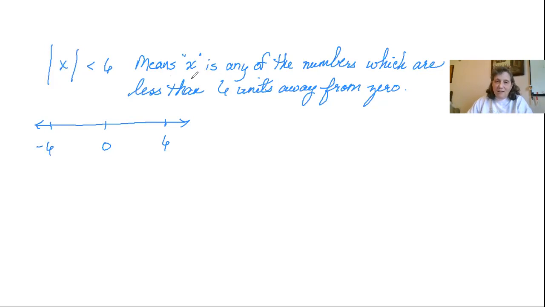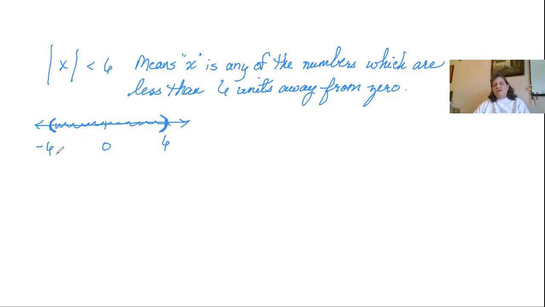If x is any of the numbers which are less than 6 units away from 0, then the solution set would be any of the numbers between 0 and 6, not including the 6, because 6 is not less than 6 units away. And going to the left, it could be any number between 0 and negative 6. It can be 0. 0 is less than 6 units from 0. So basically anything in here.